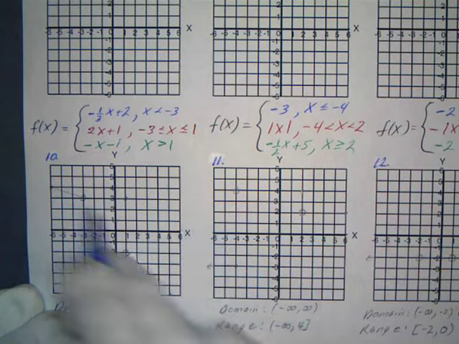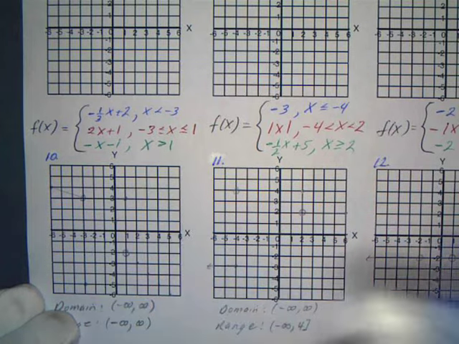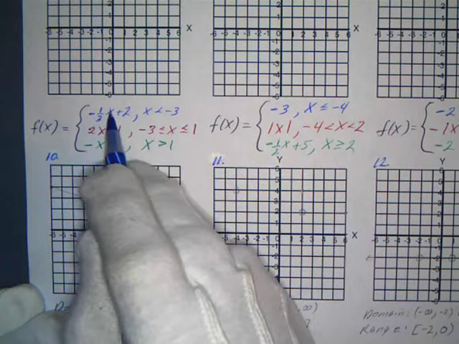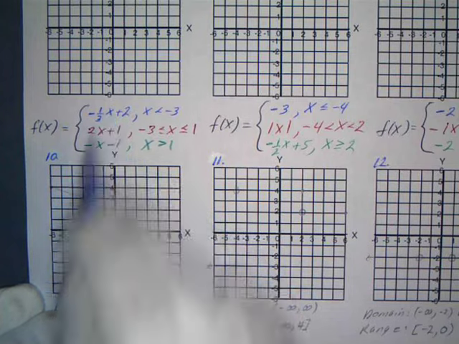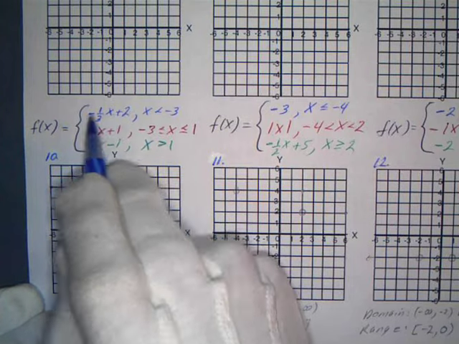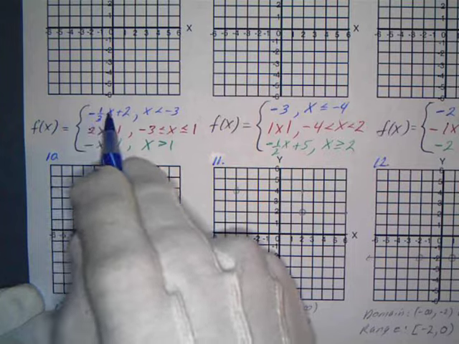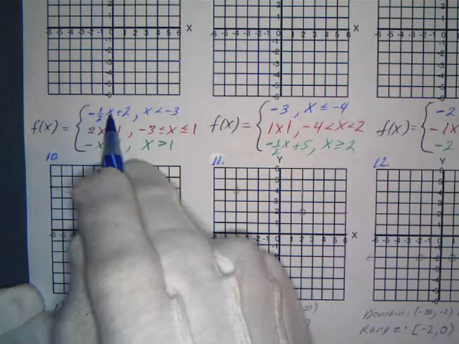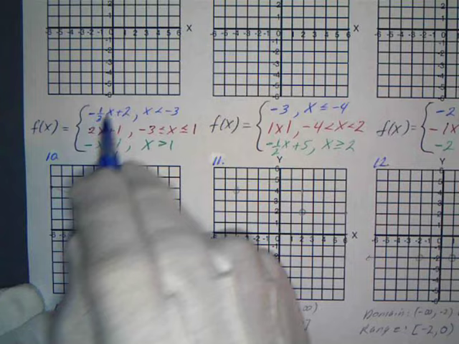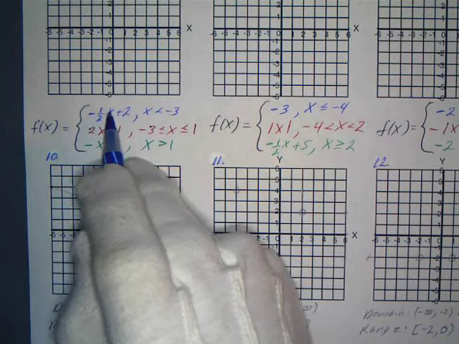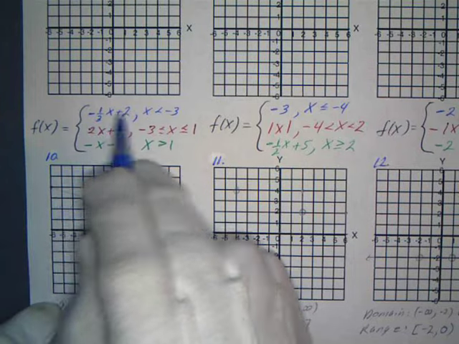So I could work my way back, but sometimes I just put a point in. Sometimes it's easy. I want to pick a number that's divisible by 3, so I'll try negative 6. So when x is negative 6, negative 1/3 times negative 6 is positive 2. Okay, and then 2 plus 2 is 4, so my point would be here at negative 6, 4.